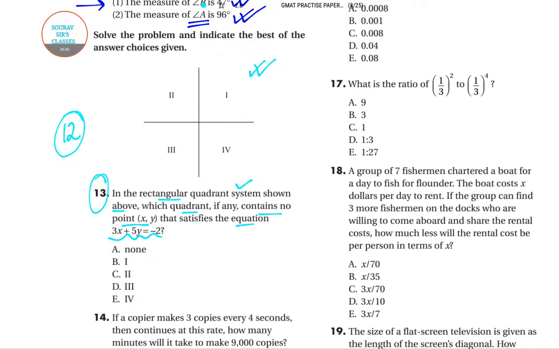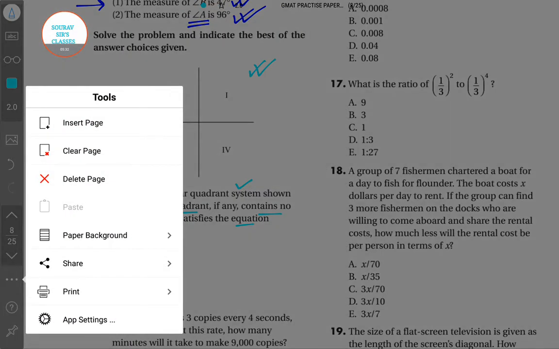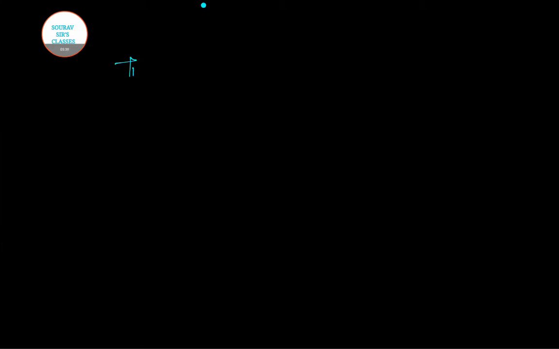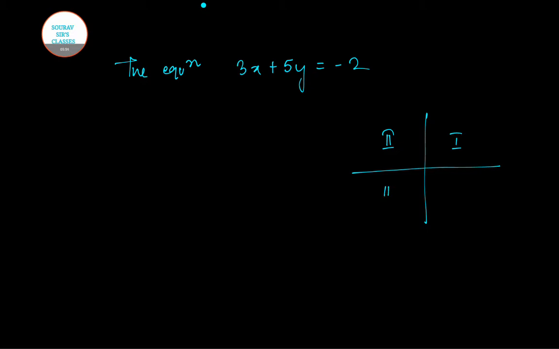I'll insert a page and let's do this. The equation, which we will first write, is given by 3x plus 5y is equal to minus 2. I'll draw the quadrants. This is 1, 2, 3 and 4. Given this, let us analyze it.